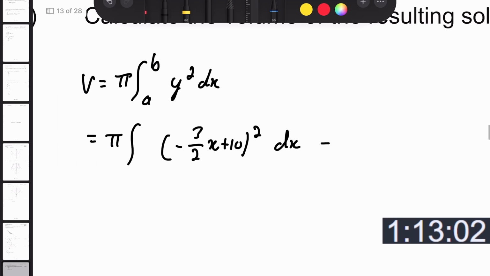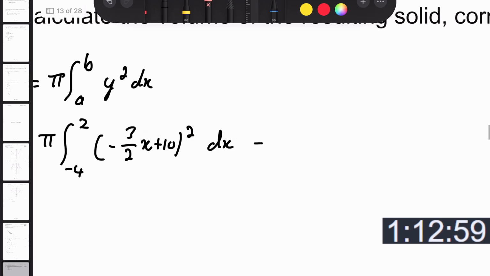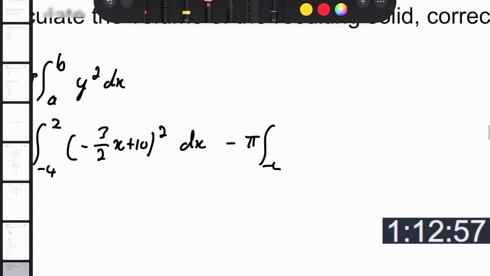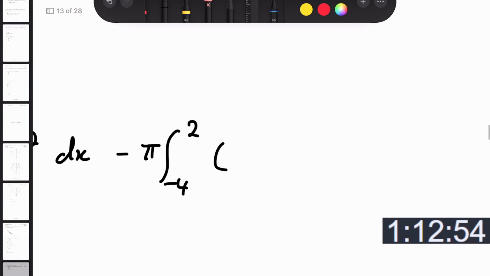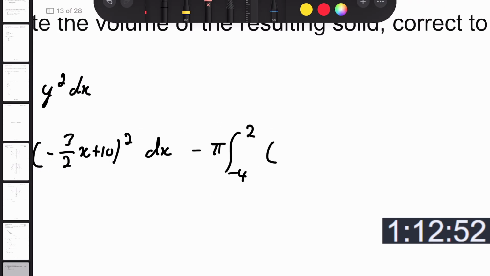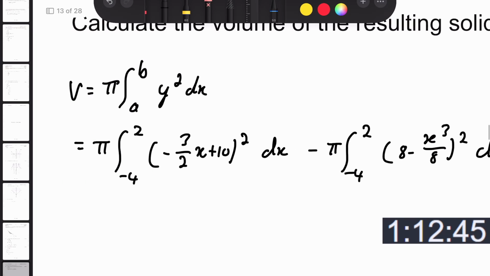minus pi times the integral from negative 4 to 2 of, then this is my 8 minus x to the power 3 on 8 squared dx. Then this will give me 4 and 2. Because for a second I was thinking I had to put them all into the same brackets, like here, instead of here where I go minus 8 or whatever.